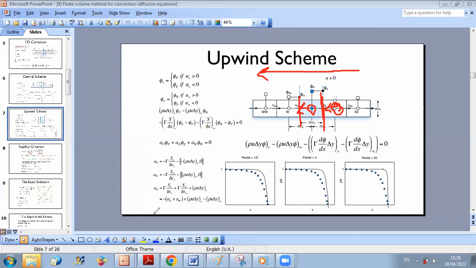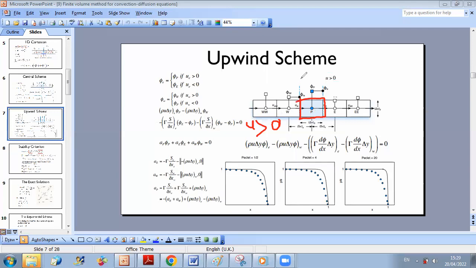Same technique as usual to get the coefficients: we write the conservation equation, and then when we replace, we should say, is the velocity positive or negative? If the velocity is positive, we have one expression of coefficients. If the velocity is negative, we have another expression of the coefficients.